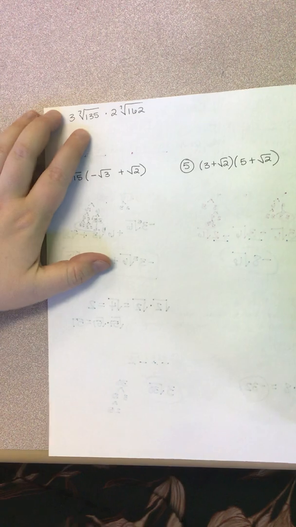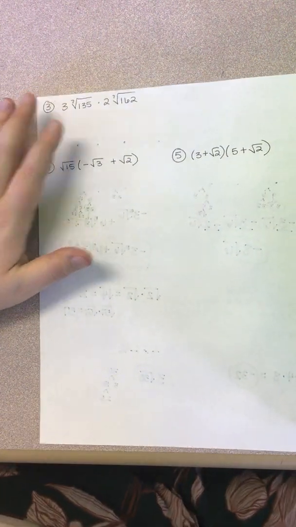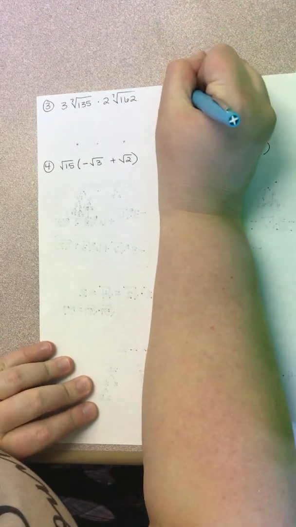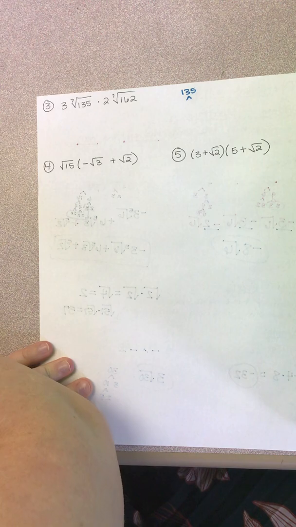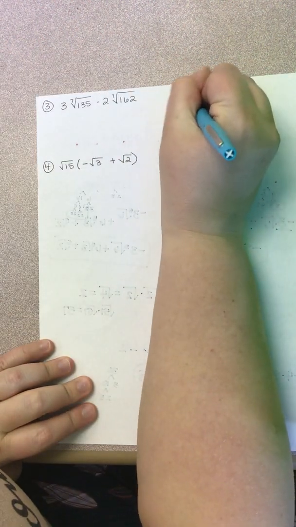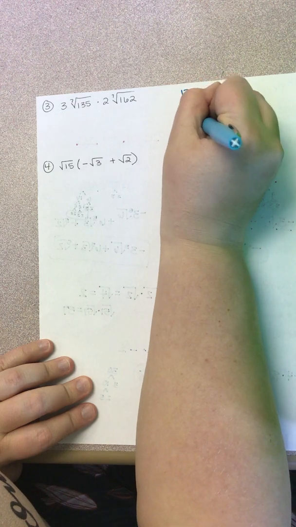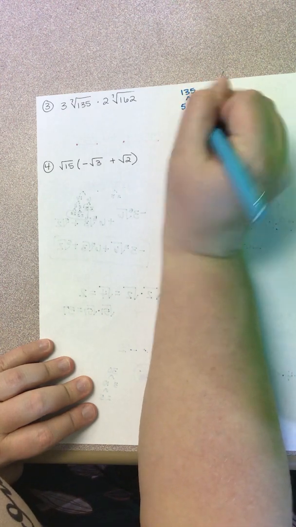When I look at this one, it looks a little more complicated because I got big numbers going on. So I'm going to break those down. 135 breaks down into 5 and 27. And then 27 breaks down into 3 and 9. And 3 and 3.